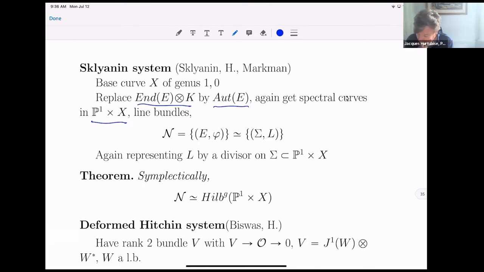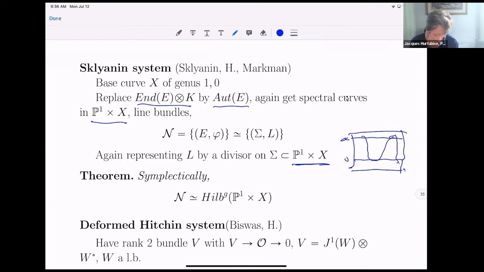And this time your surface is no longer the conical bundle, but it's the product of P1 cross X. But this time these manifolds or Poisson, the symplectic leaves basically are given by fixing the intersection of the spectral curve with 0 and infinity in P1.